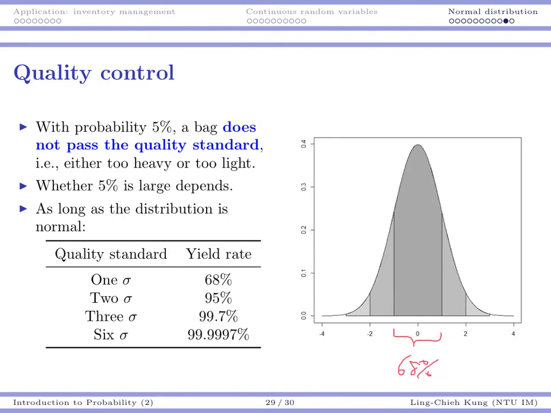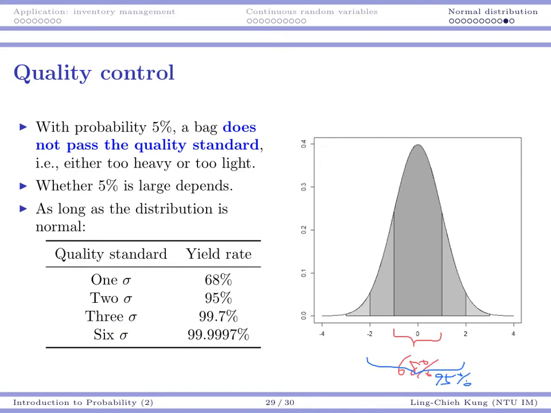If I set a higher quality standard to 2 sigma, then I'm going to get something that is 95%. That means with probability 95%, my outcome will be within 2 sigma from the mean. Or if I am saying 3 sigma, then it will become very close to 100%.